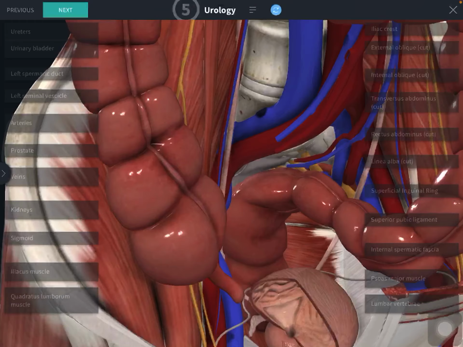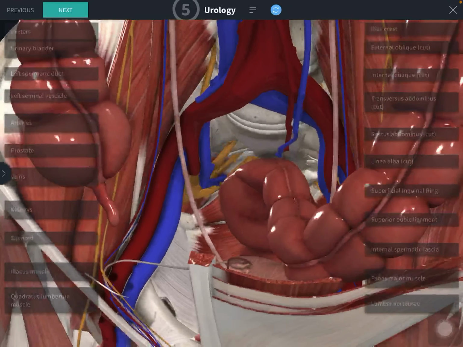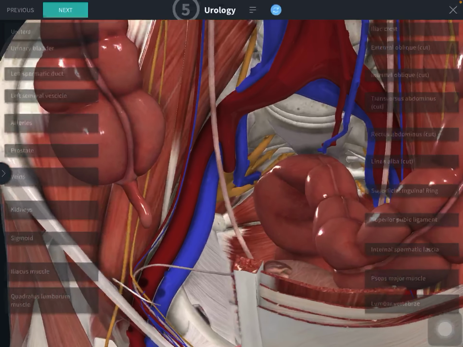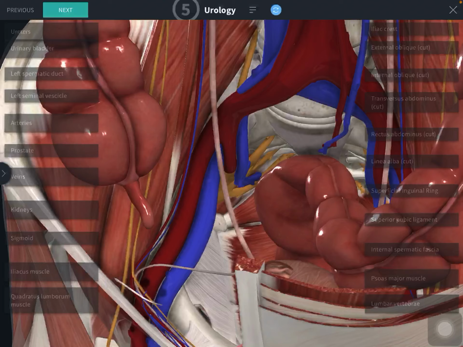So now we will see the relations of this pelvic part. First part of the pelvic part, that is the vertical part. In front, covered with peritoneum. Here in female, it is related to the posterior boundary of ovarian fossa, and it is related to the ovary and uterine tube in female.